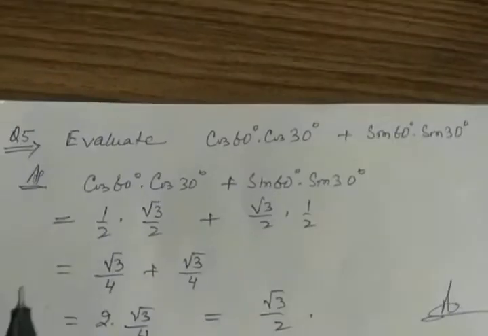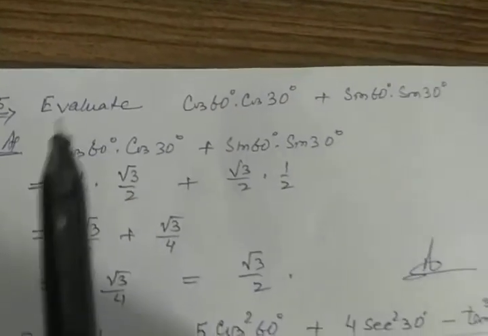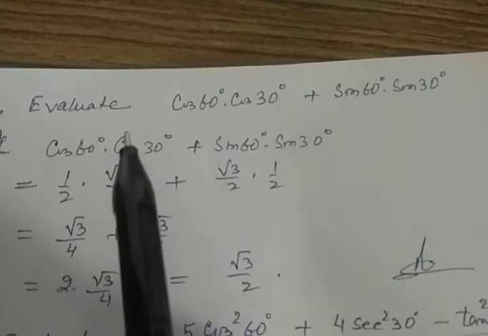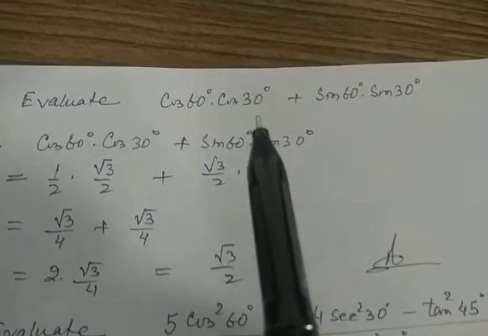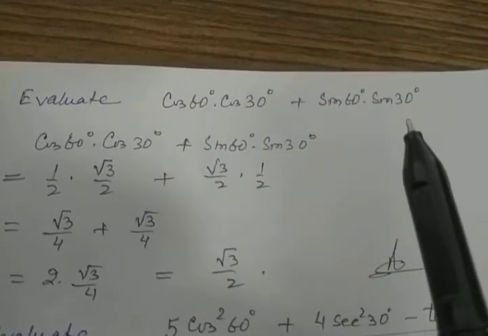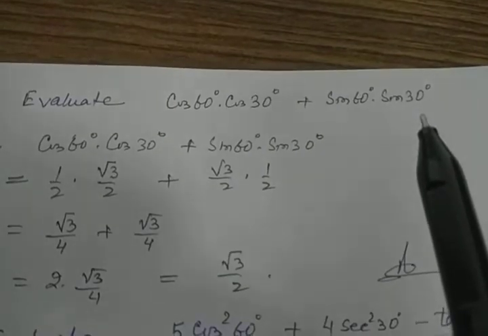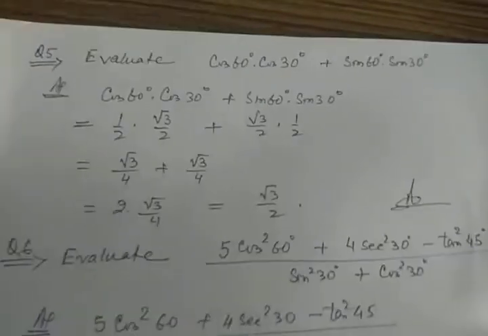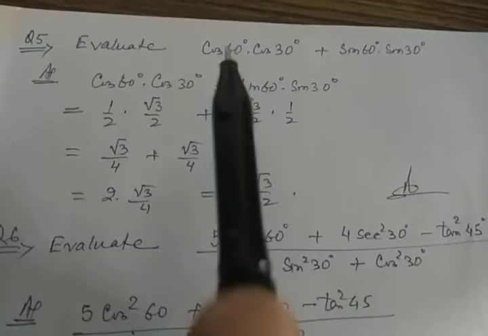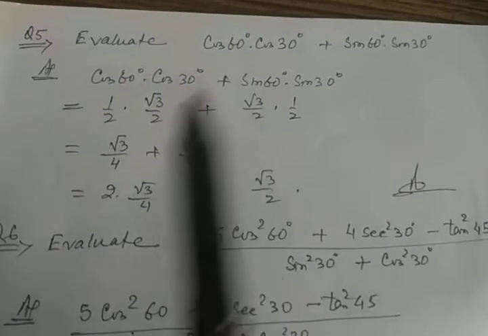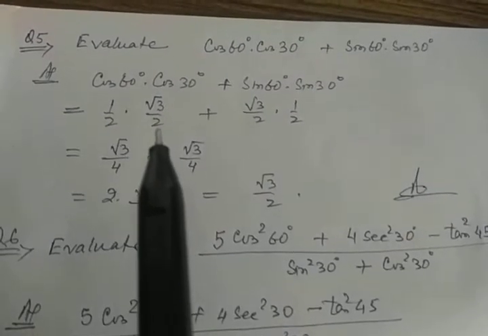It says, find the value of cos 60 into cos 30 plus sin 60 into sin 30. For this purpose, simply you have to put the values. What is the value of cos 60? 1 by 2. Cos 30, root 3 by 2.